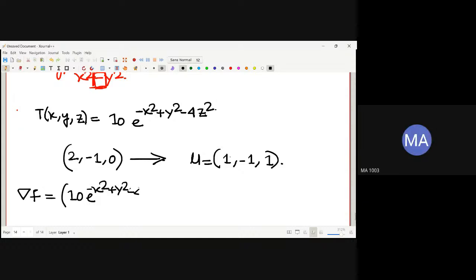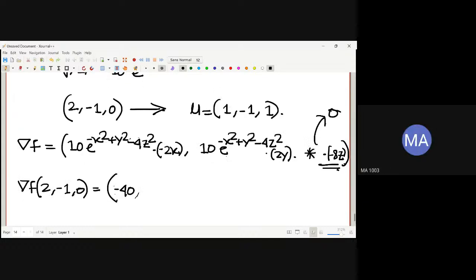The first coordinate is 10 times minus 4, which is minus 40, times e power minus 3, and this is again minus 20, right? Yes, sir.